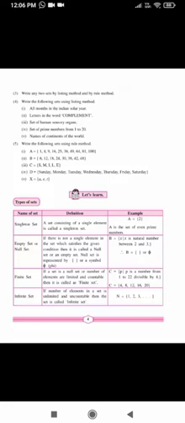In listing as well as in rule method. Okay, now question number 4: write the following sets using the listing method. Under that, see the first one, all months in the Indian solar year.